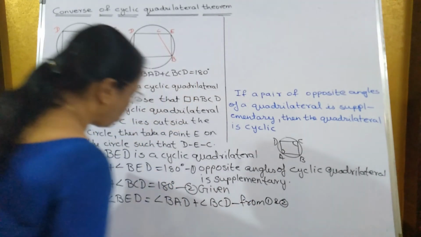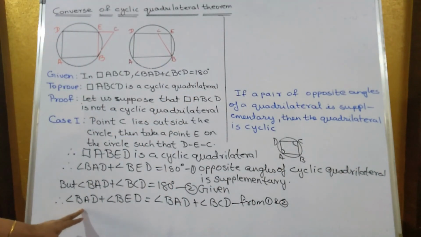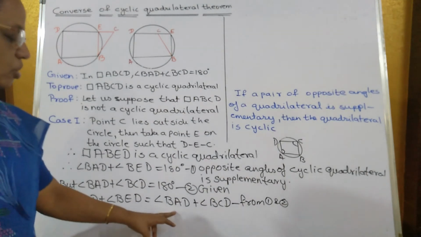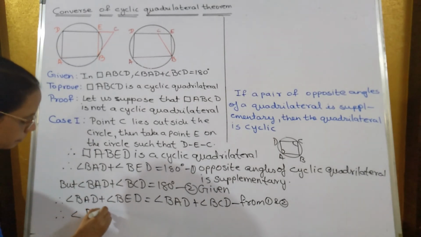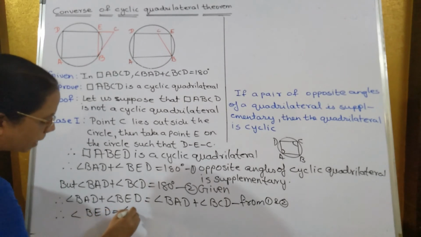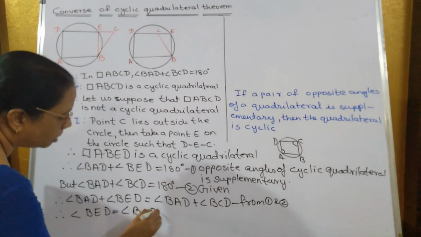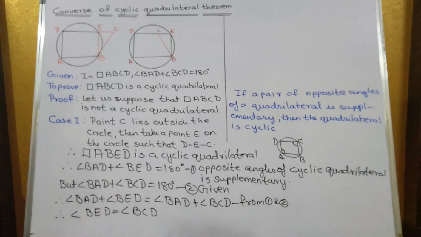So over here if you see, BAD is also on the left hand side and BAD is also on the right hand side. So both will get eliminated. So what will be left? Angle BED is equal to angle BCD. So we will get angle BED is equal to angle BCD.